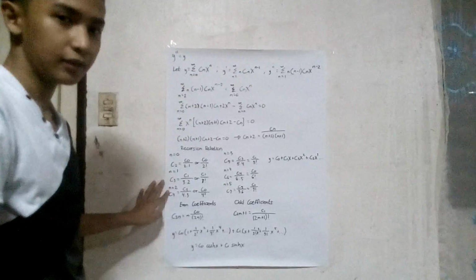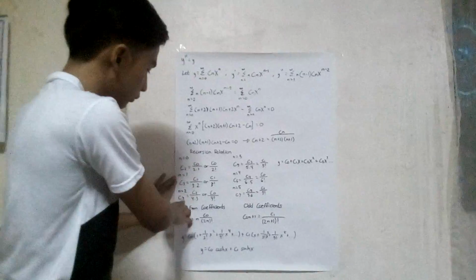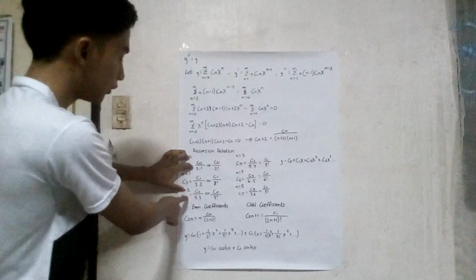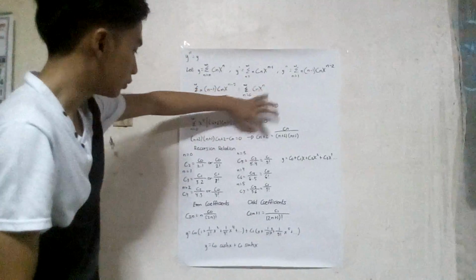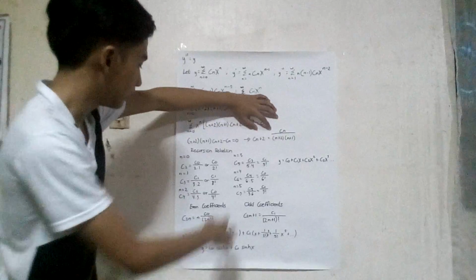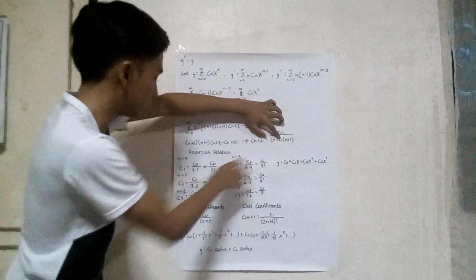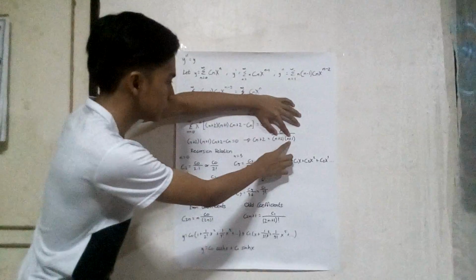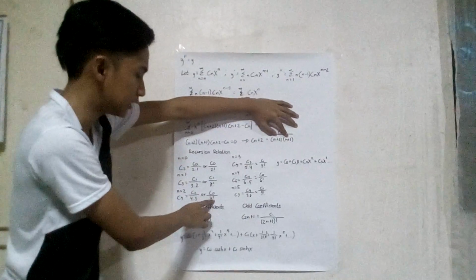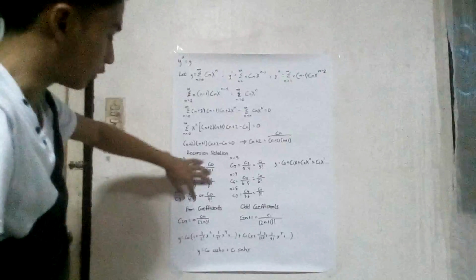By setting n equals 2, we have the value of c4, which is c2 over 4 times 3, or just simply c0 over 4 factorial.